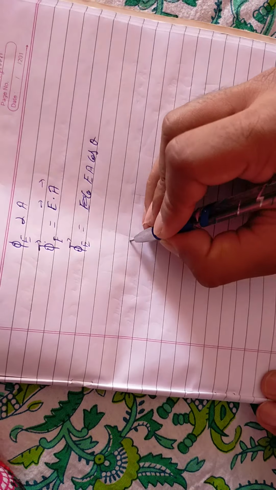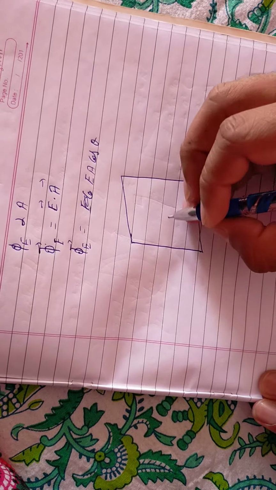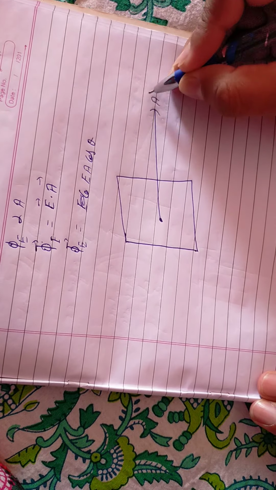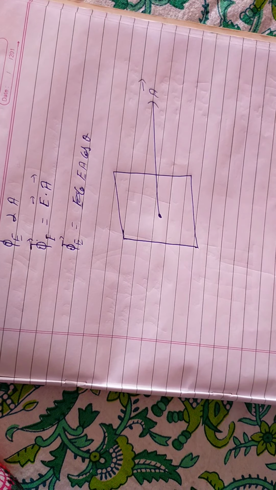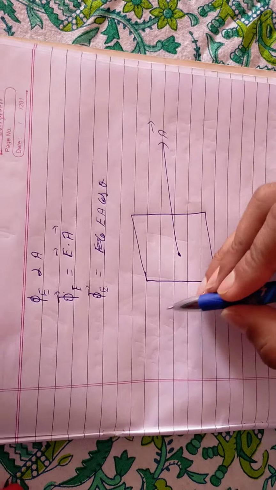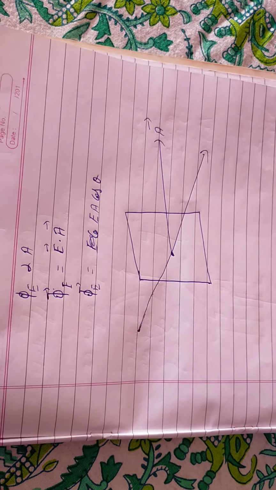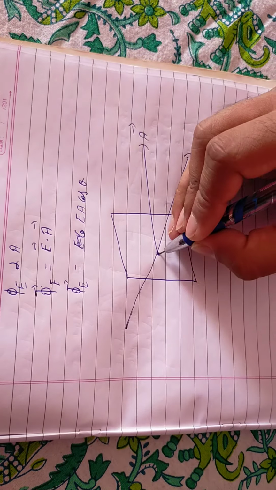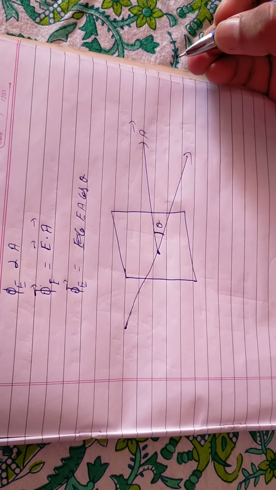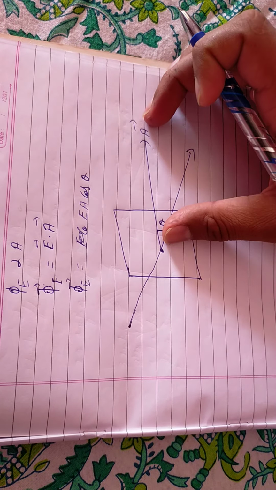Suppose this is your plane surface, and this is your area vector, because the area vector goes outward from the surface, you have to take the outward direction. And this is your electric field line, the electric field line can come like this also. So this is the angle theta. So the theta we are taking along the area vector.